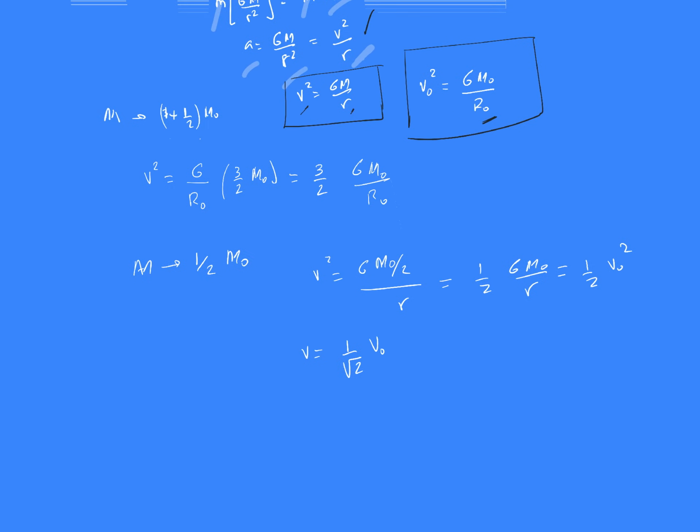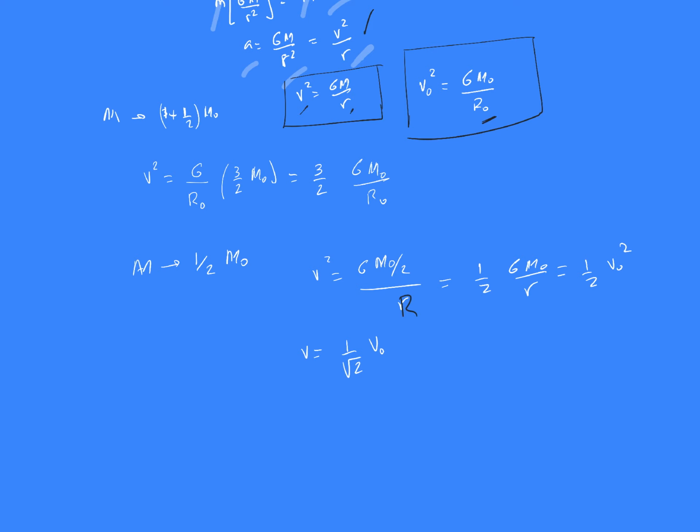So what happens if the mass goes to half? Now the mass M0 goes to half, and the radius R remains constant.